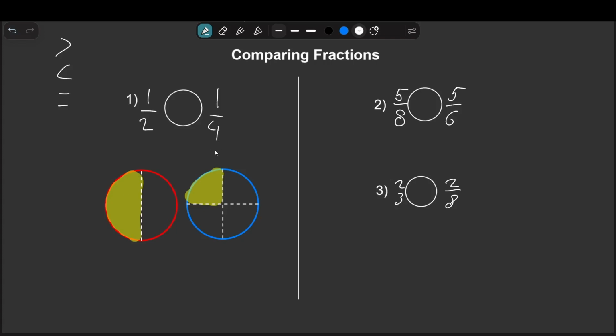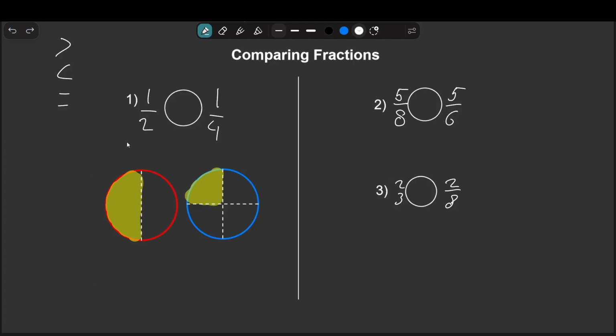Let's say we had 8 instead of 4. It would be cut into 8 instead of 4. And if we had 4 instead of 2, it would be cut into 4 like this. But in this case we have 1/2 and 1/4. As we can see, the 1/2 is greater, because the 1 means we have one piece of the equally cut pieces.